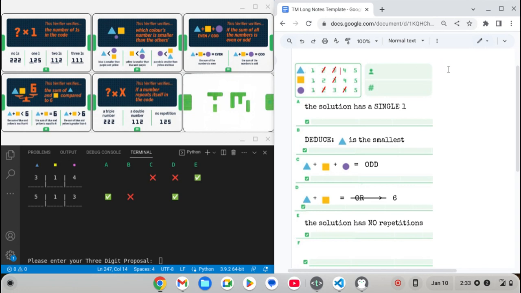And then square would have to be the 5. And then of course the circle would default to 3.